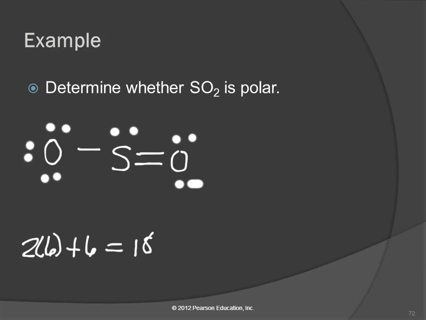So there's our Lewis structure. It's kind of a funny looking electron over there. Are there lone pairs on the central atom? Yep. So it is polar.